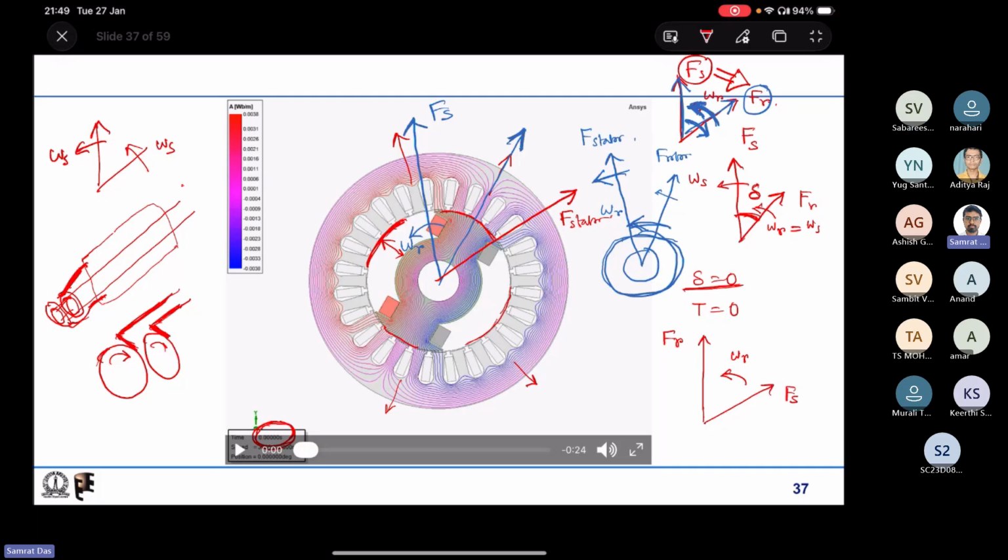It is leading the rotor magnetic field by some angle, so it is transferring energy from stator to rotor. If we consider a generator, we rotate the rotor first, so the rotor magnetic field will lead the stator magnetic field. So the transfer will be opposite, right?